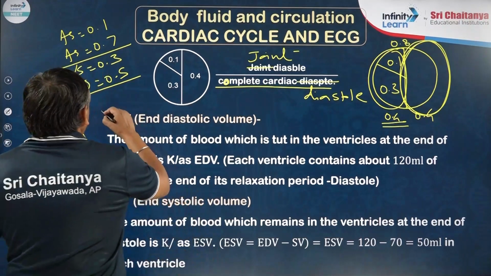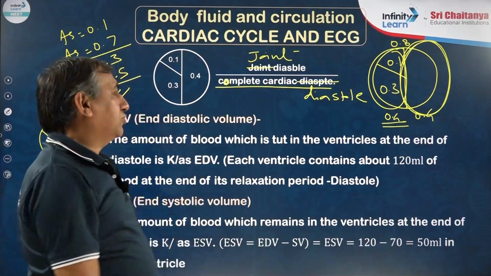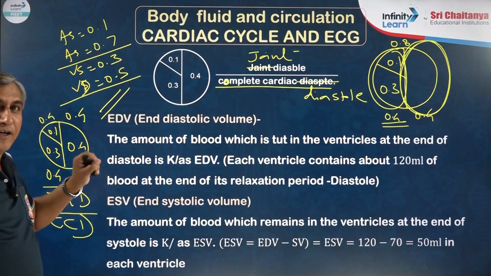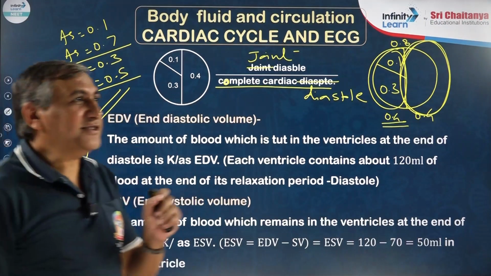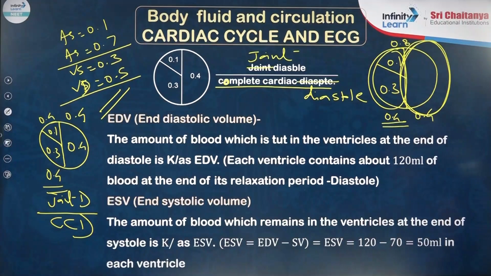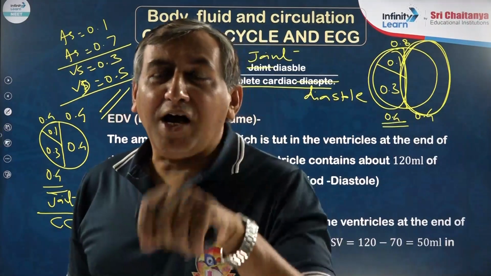Now, I divided the cardiac cycle which is given in NCERT into smaller pieces, so you can easily learn how the blood is coming into the ventricle from the auricle and how much blood is coming. This is one very important point. Every student of biology knows that approximately 5 liters of blood is coming out from the heart.